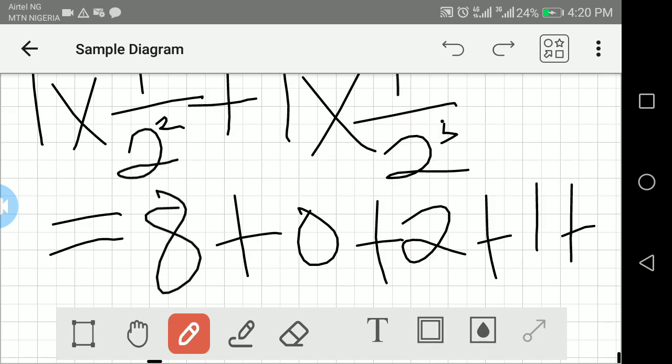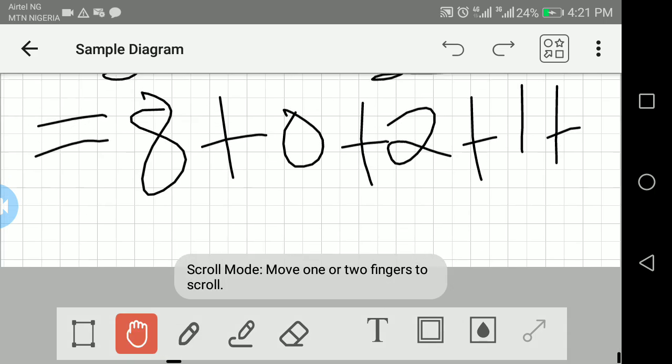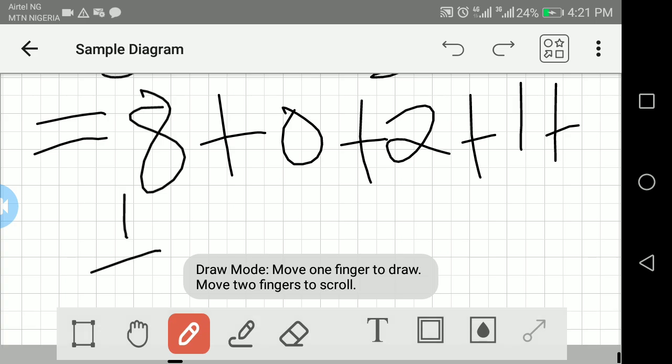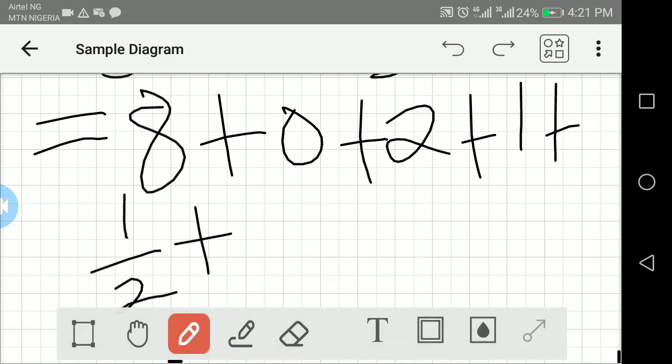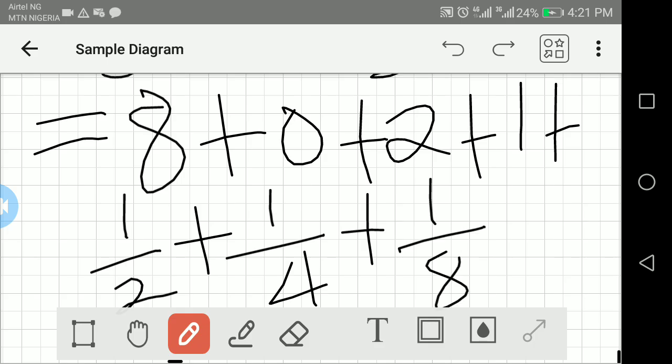So plus 1 over 2 plus 1 times 1 over 2 to the power of 2. 2 to the power of 2 is 4, that's 2 times 2, plus 1 times 1 times 1 over 2 to the power of 3. So 2 to the power of 3 is simply 8, that's 2 times 2 times 2. So that's what we have.